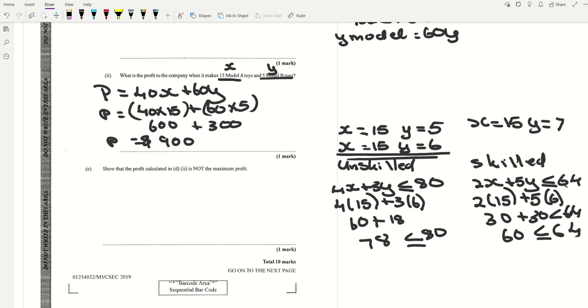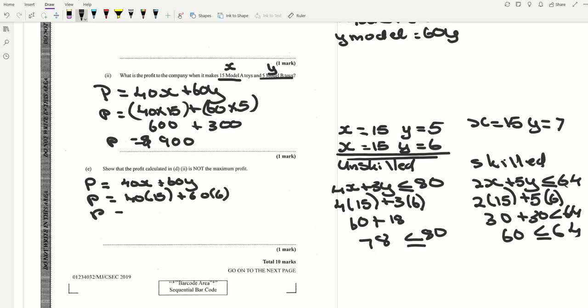So what you would say is, my profit here would be, we said it is 40x plus 60y, and we said x is 15, so profit is equal to 40 by 15 plus 60 by 6.